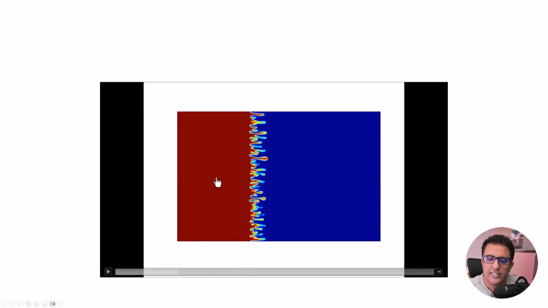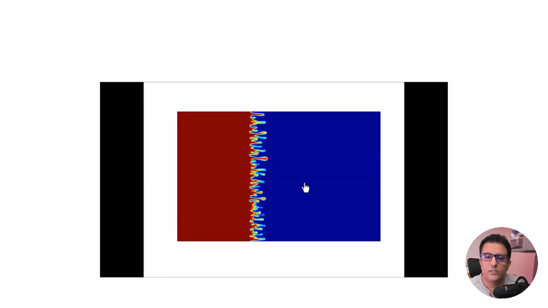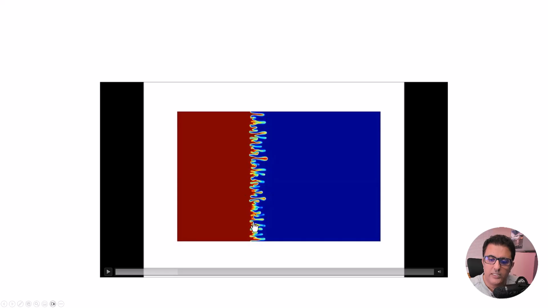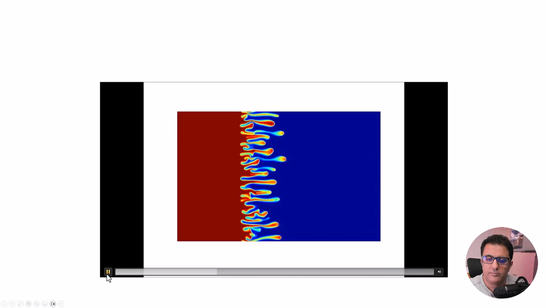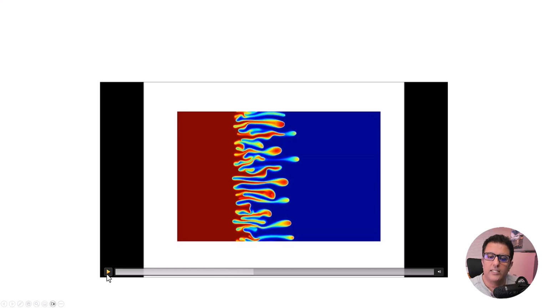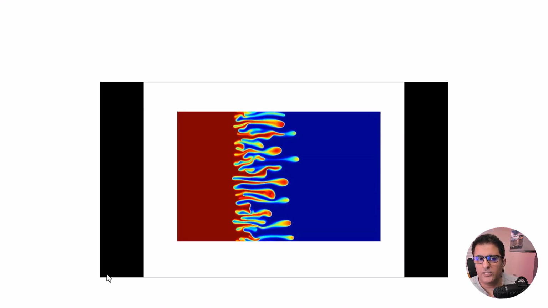So when A is less viscous than B, or A is more mobile than B, we're going to see at the boundary the development of viscous fingering. And this phenomenon is called viscous fingering.